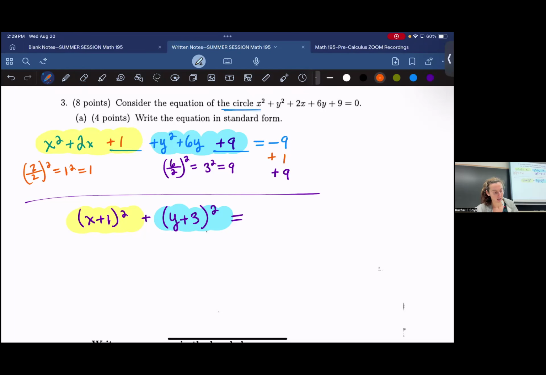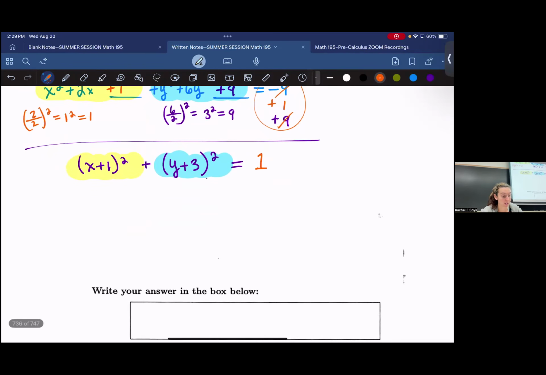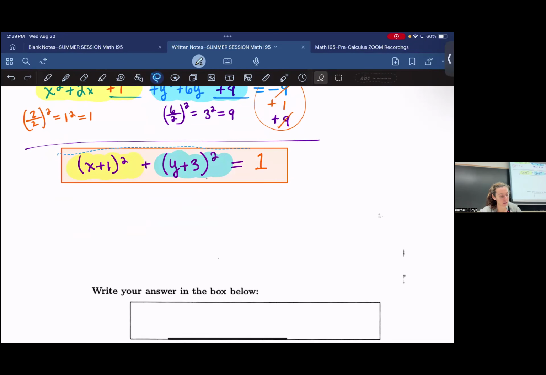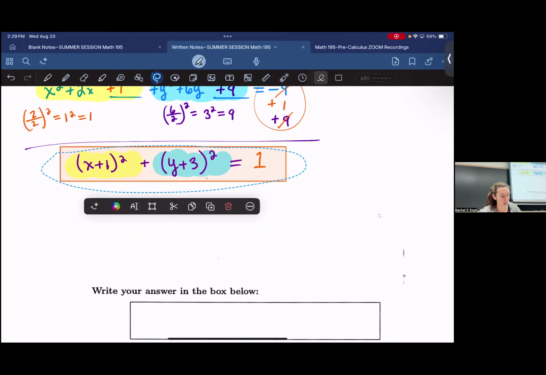And then that entire right-hand side, the 9's cancel out, so we get our radius to actually just be 1. And they don't even ask us for our radius and center point. They just ask us to write our equation in standard form, which we did. So this completes this question.